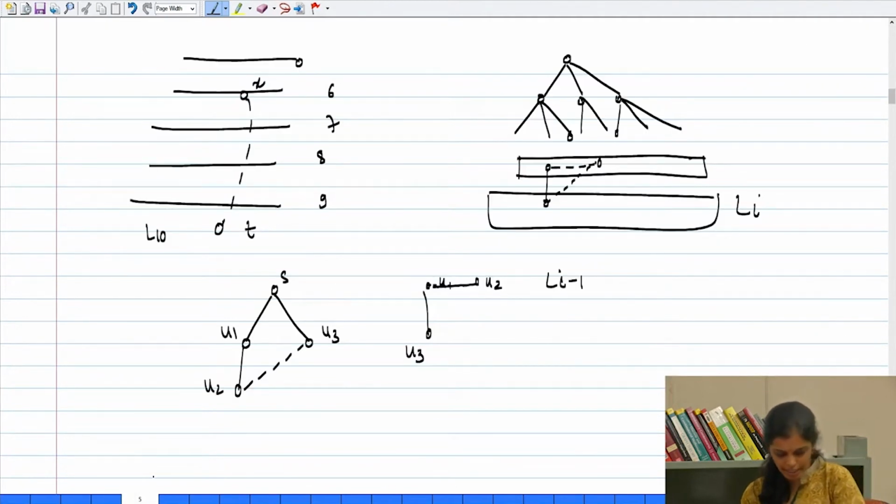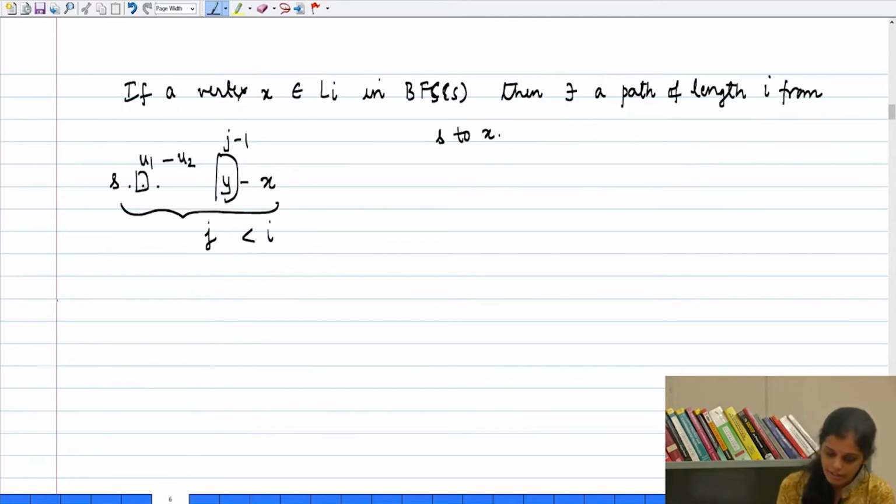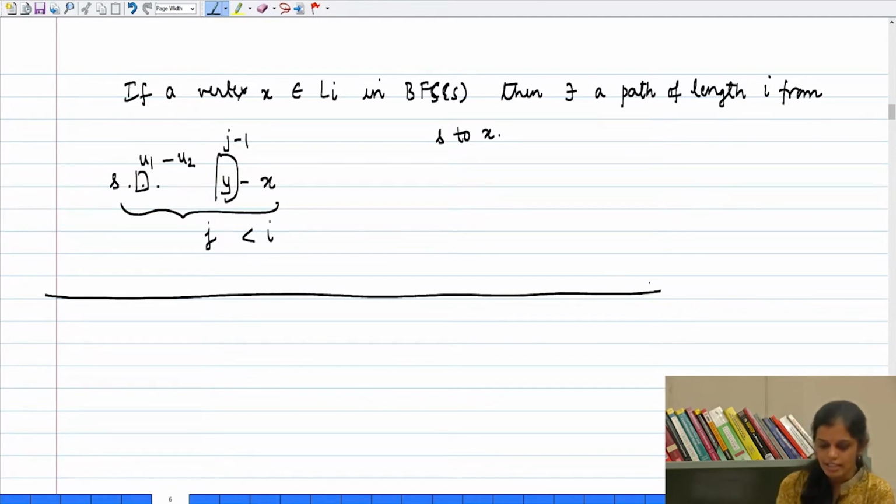So, in the rest of the time, we will try to quickly look at another traversal which is very interesting and which has a rich set of applications, which is the depth first search traversal.